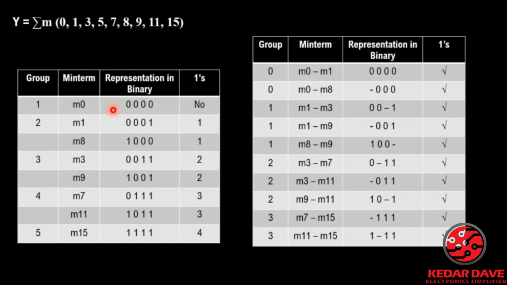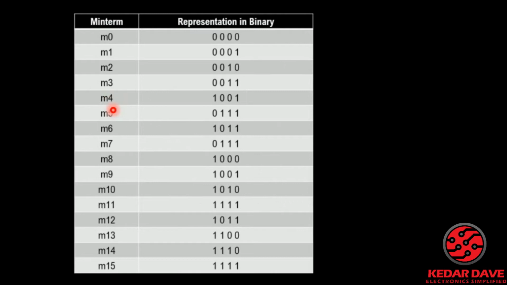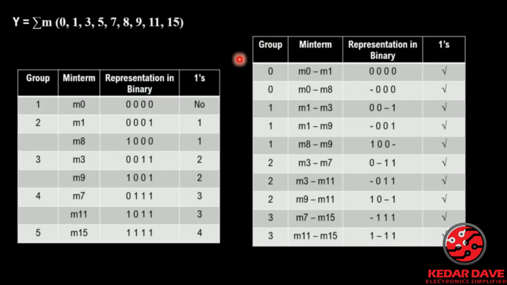First I have checked for the term which has no 1. That kind of value is only for the 0th minterm. See over here, all zeros, not a single 1. So I have written that and mentioned no ones, right? After that, only a single one.